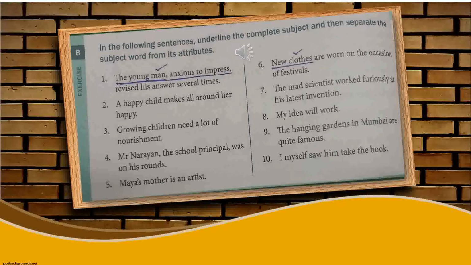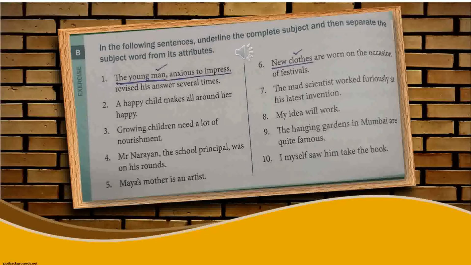See the first case. The young man, anxious to impress, revised his answer several times. Here, as you can see, the subject is underlined: the young man, anxious to impress. It is the subject of this sentence.